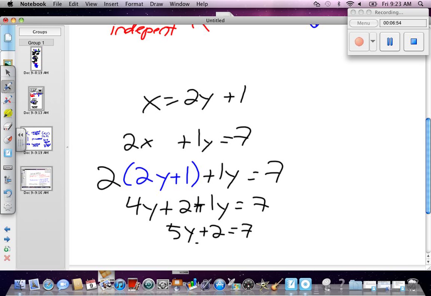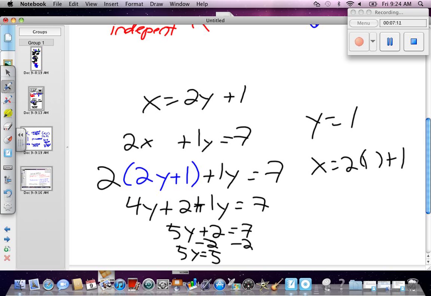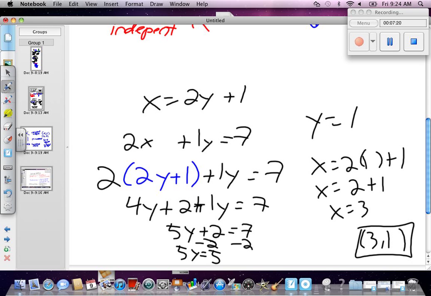I'm going to subtract 2 from each side, and I get 5y equals 5. And then divide by 5, and y equals 1. Now I'm going to plug it back in. X equals 2 times 1 plus 1. So x equals 2 plus 1, so x equals 3. So my final answer is 3, 1.